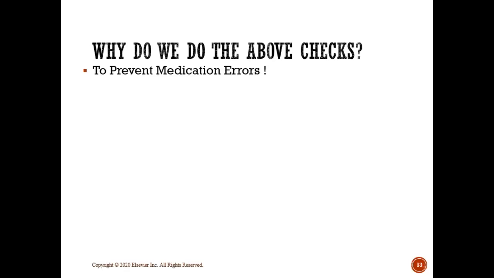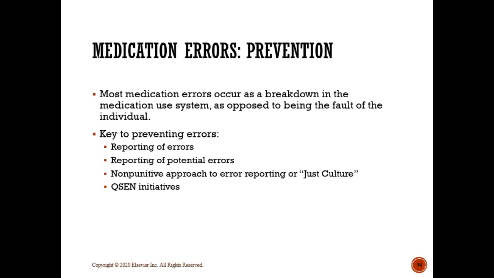We're going to talk about it more later on in this unit, but I just want to give you an introduction about medication errors and prevention. So, according to some studies, most medication errors are not actually because of an individual mistake.